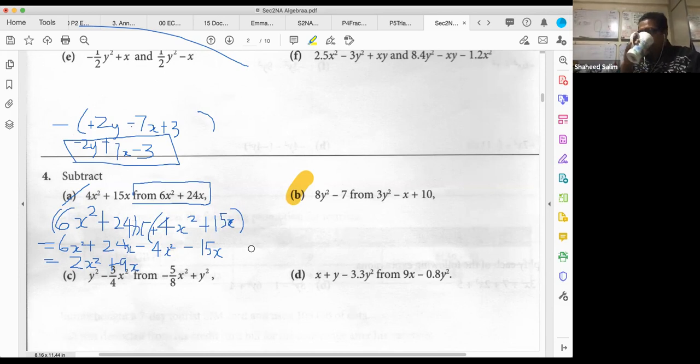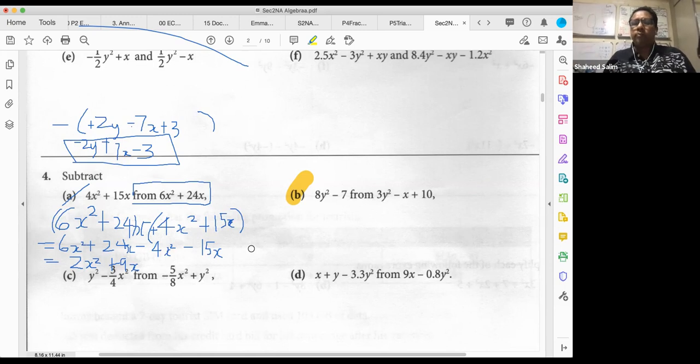You won't make a mistake. But this one got to go in front. From got to go in front.